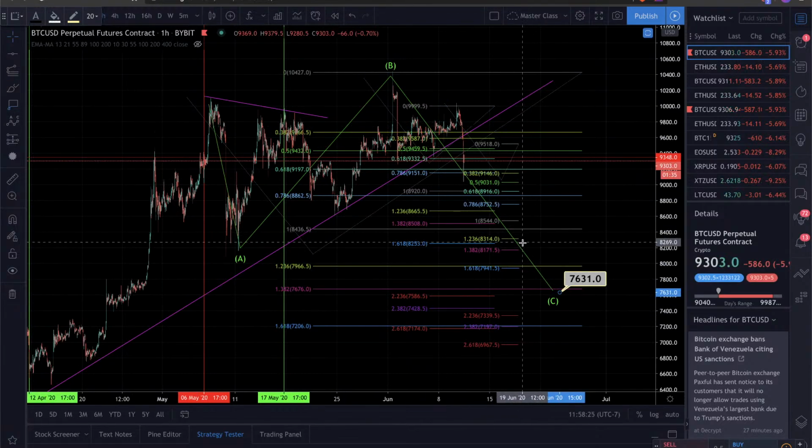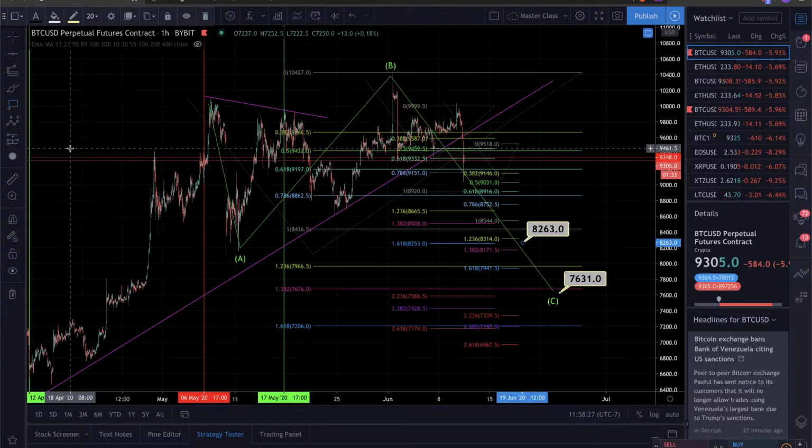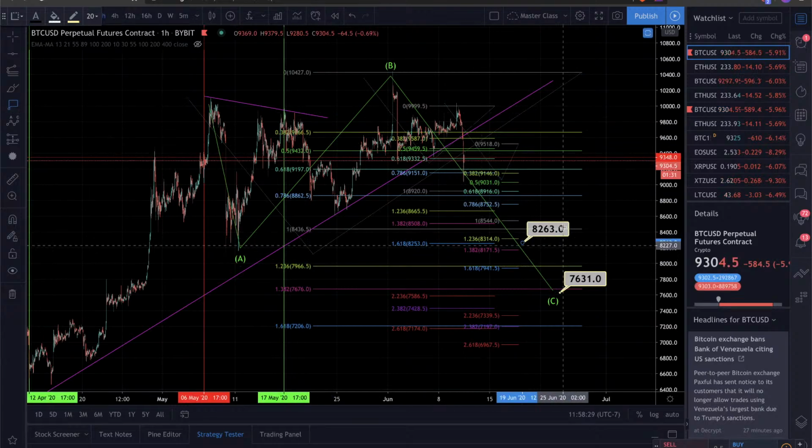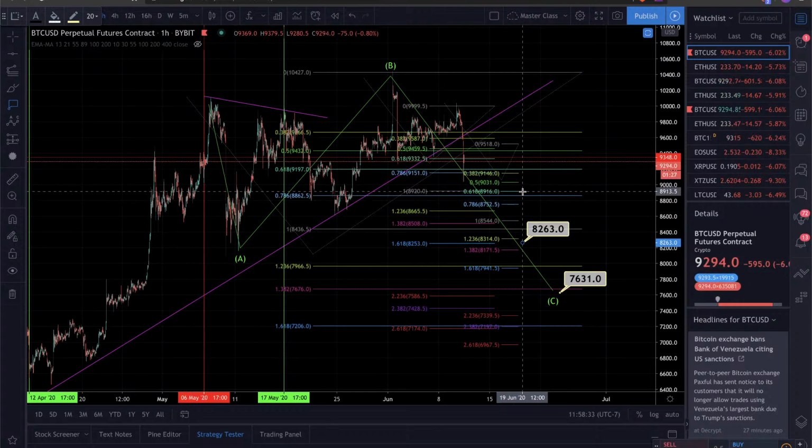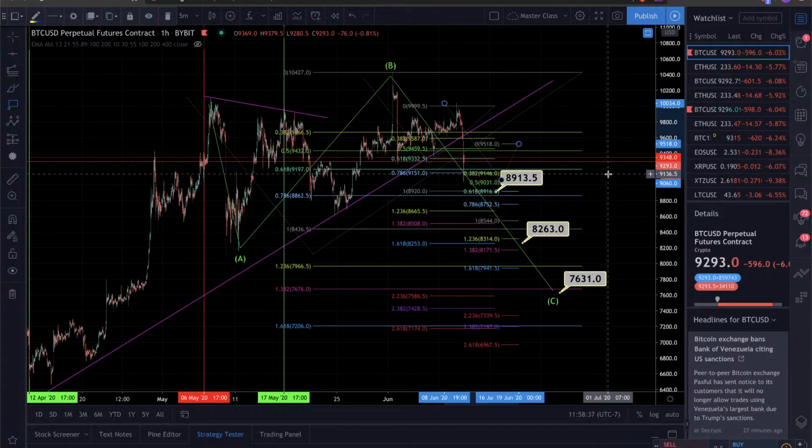I'd also be looking for another one right here, 82. And probably another one around 89, depending what kind of reaction we get here, because this is going to be pretty important to see how we react to this zone.